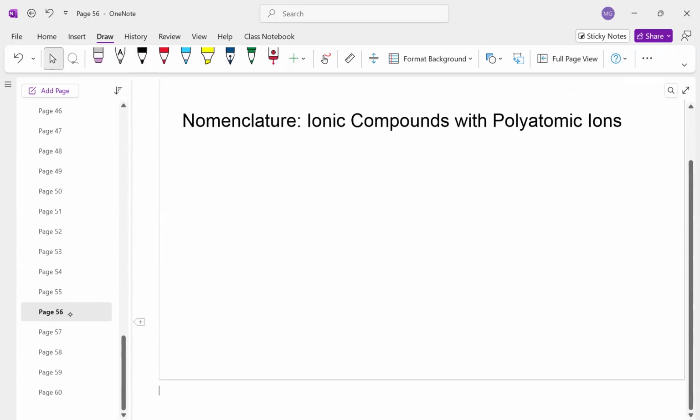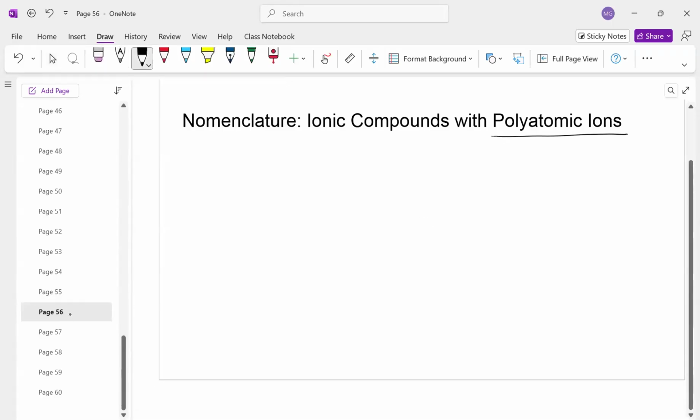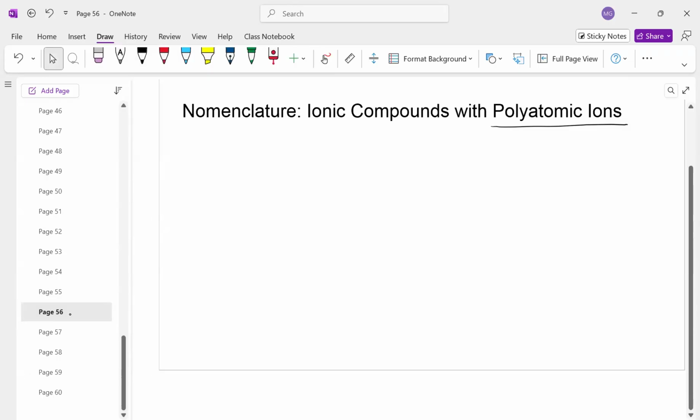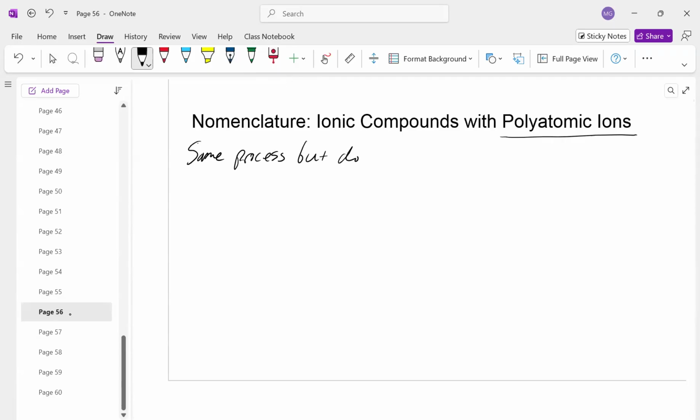Now, how do we deal with ionic compounds with polyatomic ions? It's the same process, except you don't change the ending for the polyatomic ions.